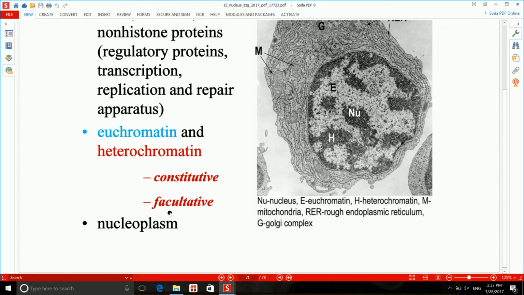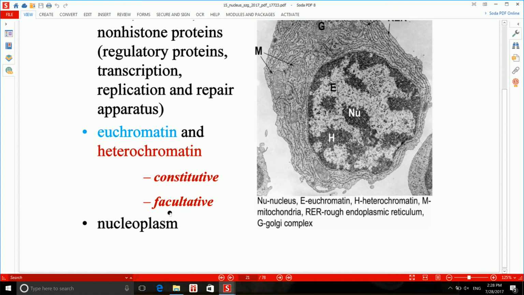Because let's say there's a cell in your brain and there are specific DNA sequences that a cell in the brain needs to transcribe, whereas a cell in your liver doesn't need to transcribe those specific sequences. So what happens is that those sequences in your brain cell will be euchromatin, will be active, whereas the same DNA sequences will be inactive in your liver cells.